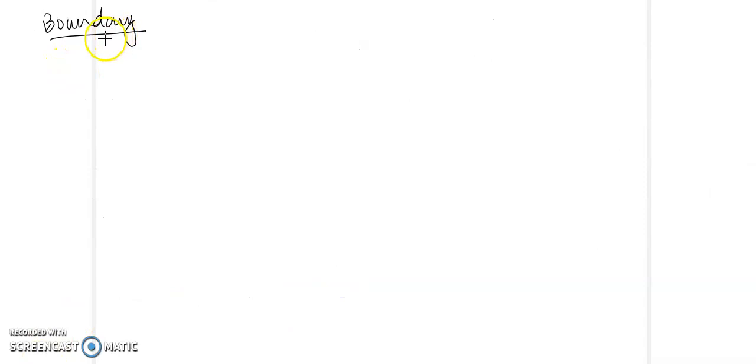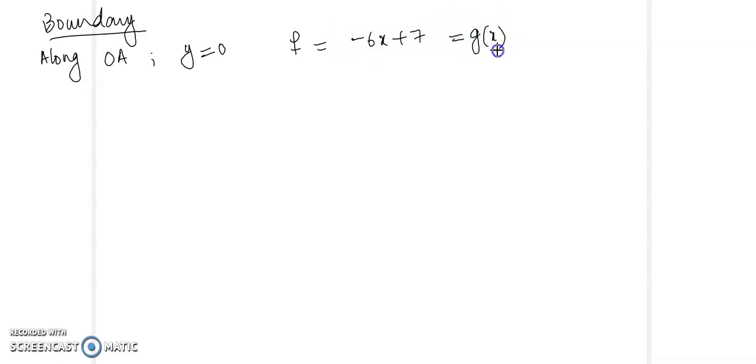Now let us find along the boundary. First I will take along OA. Along OA, y will be equal to 0. So your function reduces, on substituting y equal to 0, to minus 6x plus 7. Call it g of x.